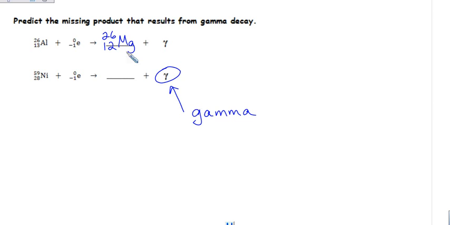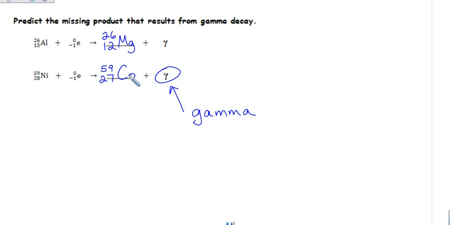The second one, I've got some unstable nickel. The mass stays the same at 59, but I'm going to lose a proton. So my atomic number will go down to 27. I look at the periodic table. Element 27 is cobalt. So again, this electron capture and gamma radiation, they kind of go together.